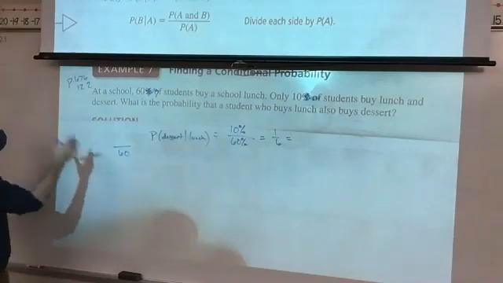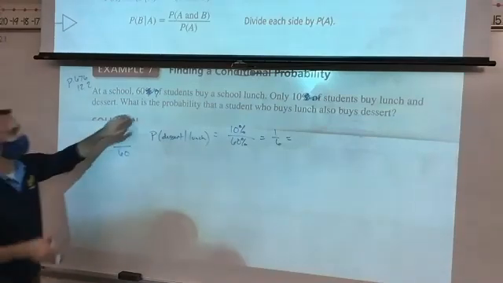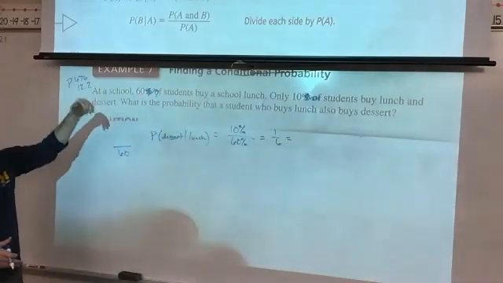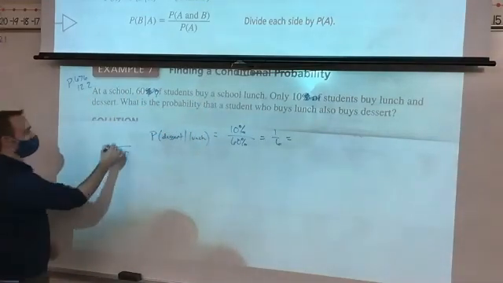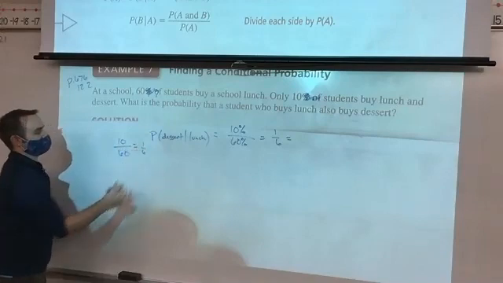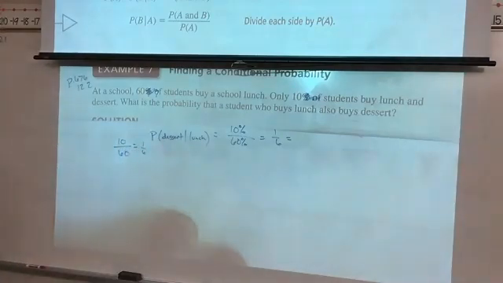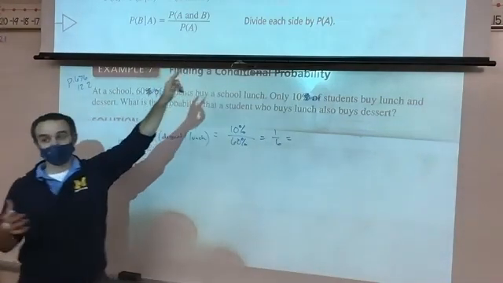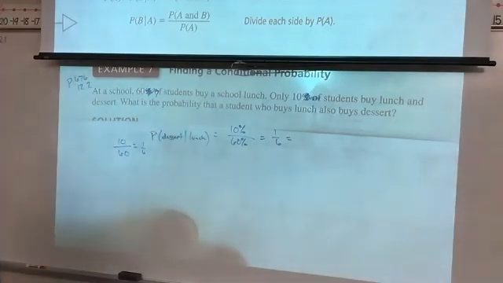Because there's 60 total that have bought lunch, and we're only talking about the student who buys lunch. Out of those 60, 10 of them also got dessert. So we can logic our way through it. I think I just invented a verb. But we can logic our way through it. Works for me. And get there, or we can use that formula, that equation. Okay, whatever's going to work for us.